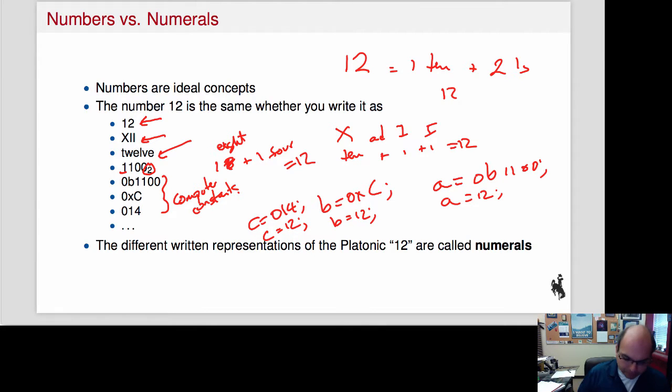So what's going on here? Many languages, in fact the languages that are based on C, which is a language that came out in the 1970s or thereabouts, developed by Kernighan and Ritchie at what was Bell Labs at the time, allowed integers to be written in different bases.